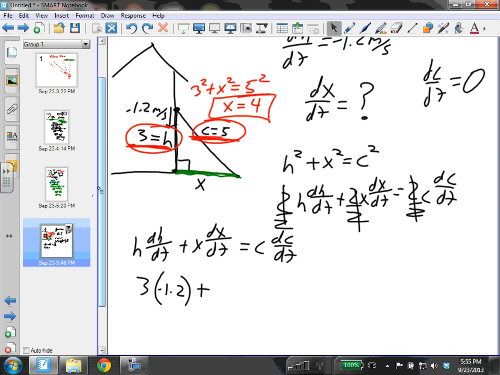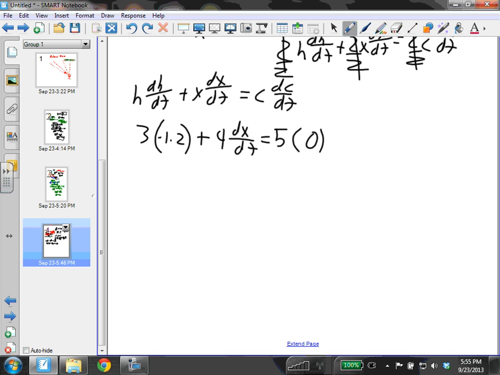So in our formula down here, I'm going to plug in 4 for x. dx dt is what we're looking for, so we want to leave it in variable form. And then c is 5, and the change in c with respect to time is still 0. Once we have this equation, we've taken our derivative and plugged in all the information we were given, we can begin to do some algebra to solve it. So 3 times negative 1.2 gives us negative 3.6 plus 4 dx dt equals 0.